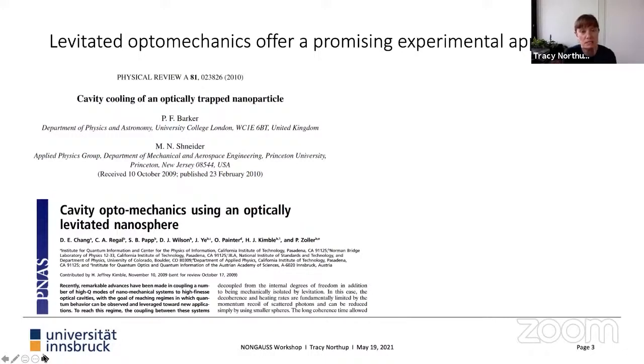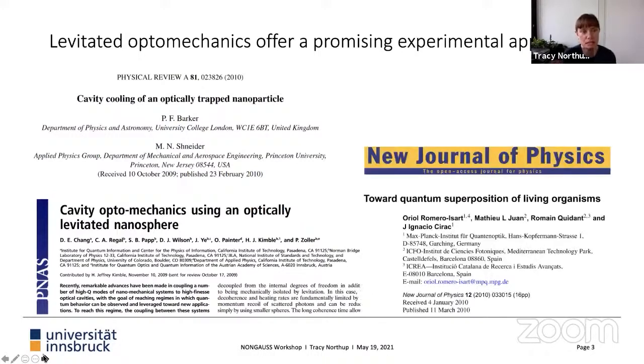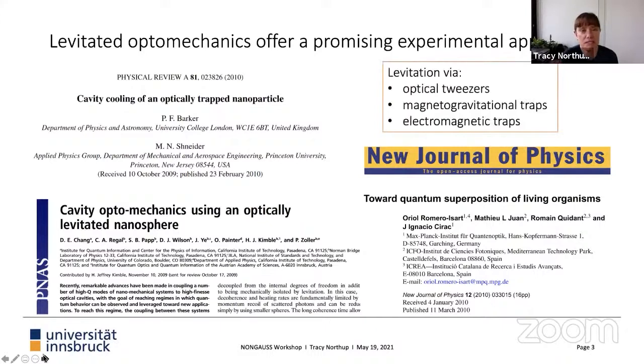And I want to point out 3 papers that came out about 10 years ago proposing these ideas concurrently, that levitated particles could offer some nice advantages for these kind of experiments in the quantum regime. So when I say levitation, I'm talking about optical tweezers or magnetogravitational traps, electromagnetic traps. So anything that's going to decouple an object from its environment.